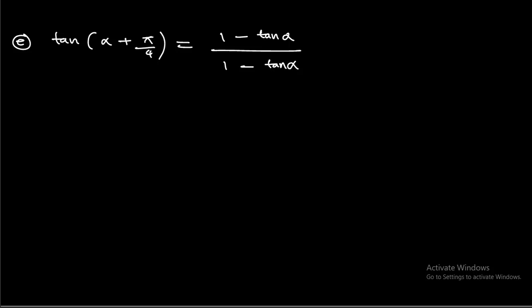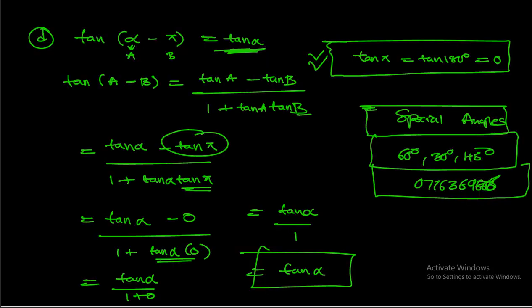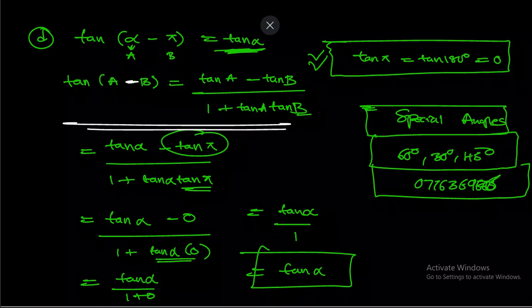As you can see, this identity is for when we are subtracting. In the question, we are subtracting. That's when we use this identity.